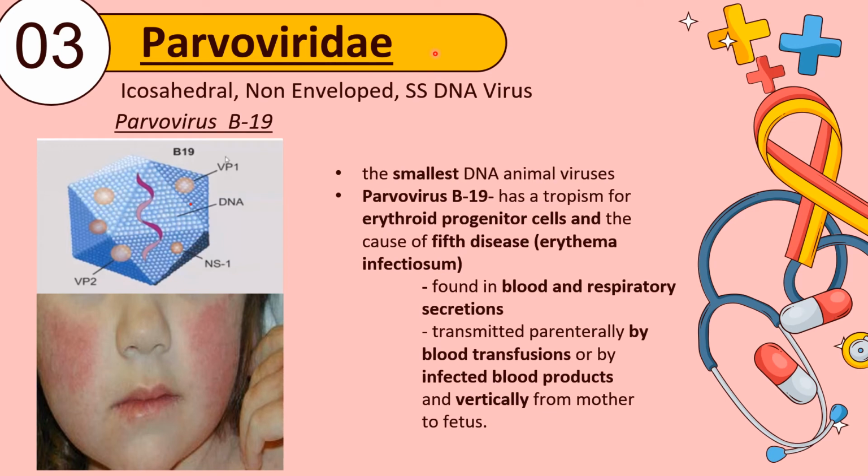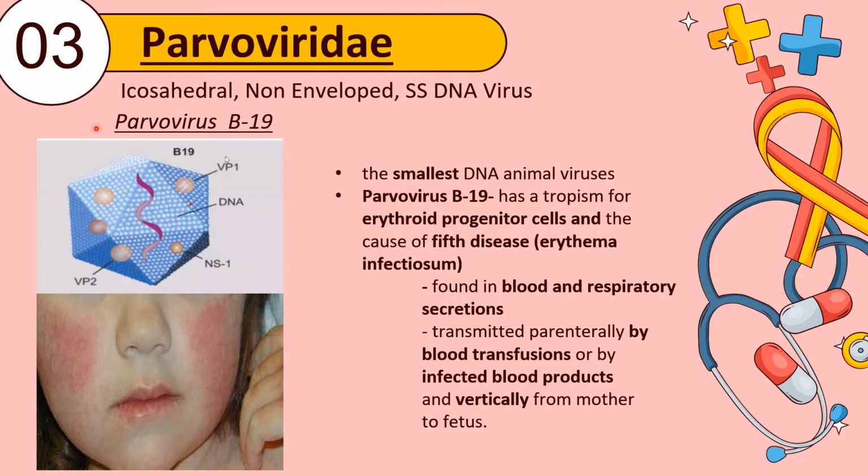Next on our discussion is Parvoviridae. These viruses are icosahedral, non-enveloped, single-stranded DNA viruses, which are the smallest DNA animal viruses. One of the most distinct and notable pathogenic viruses in this family is Parvo B19.